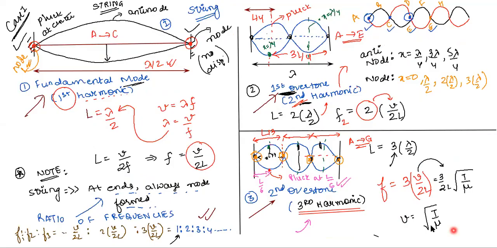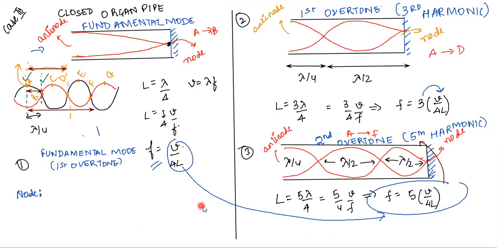Then we saw a closed organ pipe. Here the first one is the fundamental mode or first harmonic. The next ones are called the first overtone, second overtone and third overtone respectively.